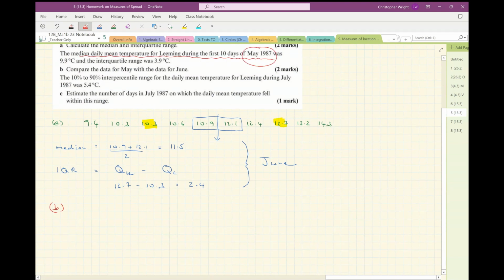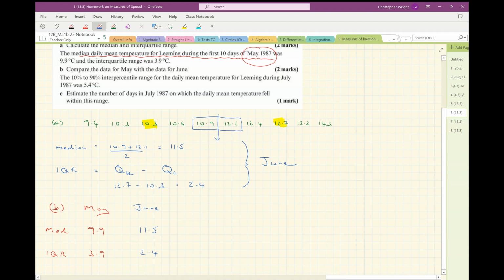Okay, so in May, the median was 9.9, and the interquartile range was 3.9. Whereas I've just worked out that in June, the median was 11.5 and the interquartile range was 2.4.